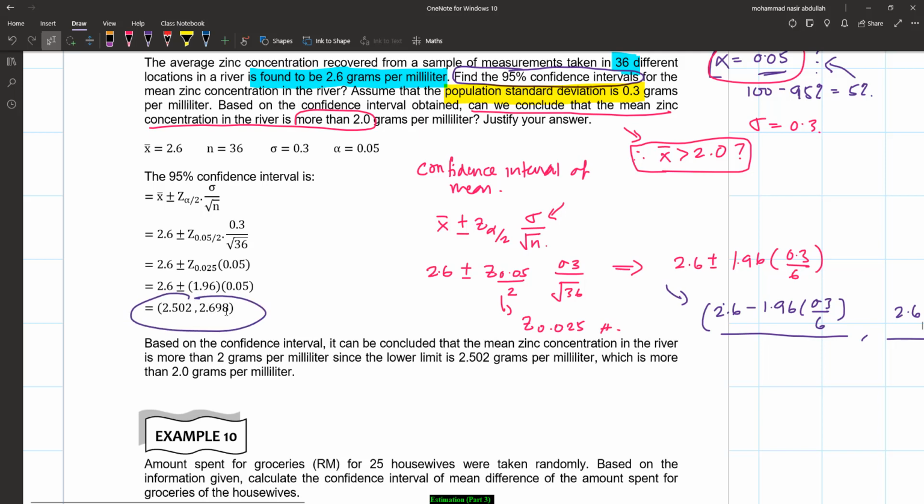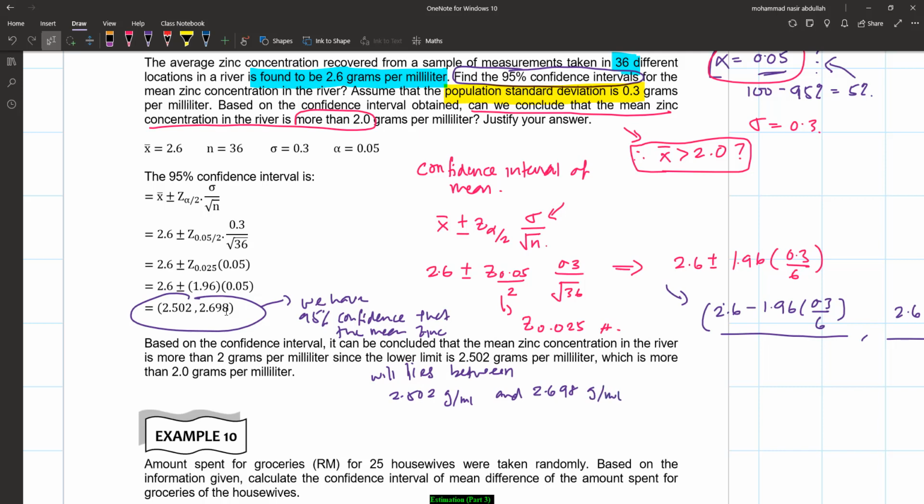So we can say that we have 95% confidence that the mean zinc will lie between 2.502 gram per milliliter and 2.698 gram per milliliter.